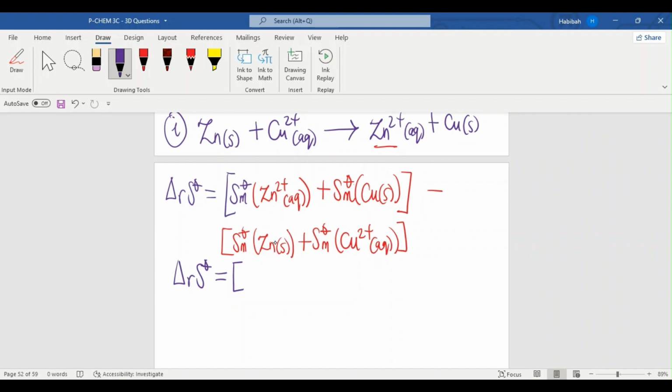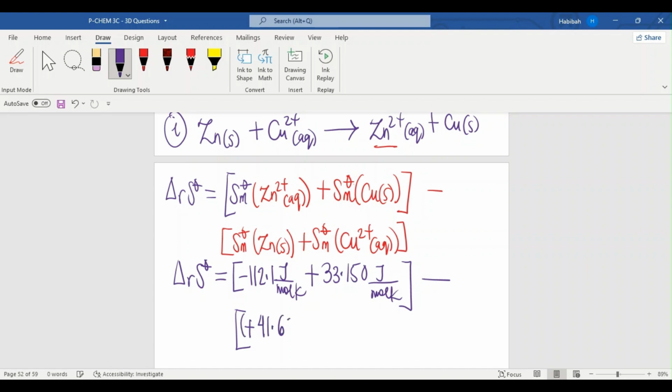The molar entropy for Zn2+ is negative 112.1 joule per mole Kelvin, plus the molar entropy of Cu solid, 33.150 joule per mole Kelvin, minus the molar entropy for Zn solid, which is plus 41.63 joule per mole Kelvin, plus the molar entropy for the second reactant, Cu2+, which is negative 99.6 joule per mole Kelvin.